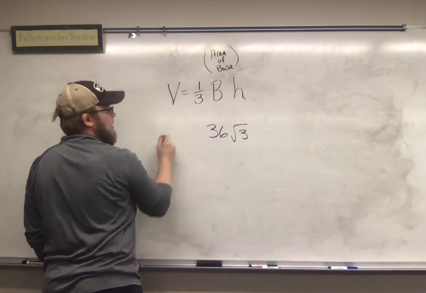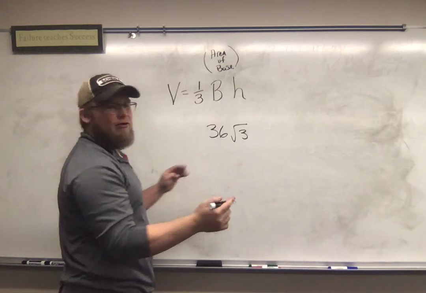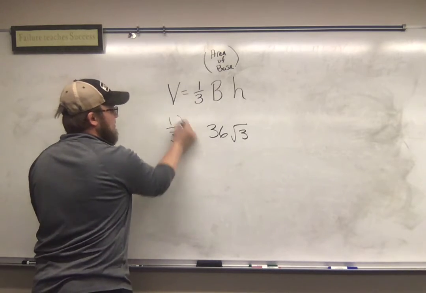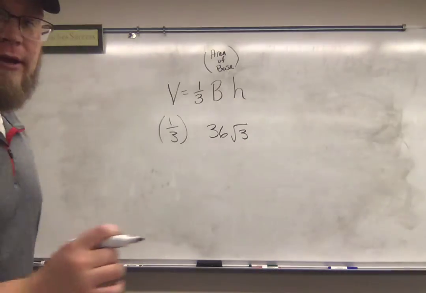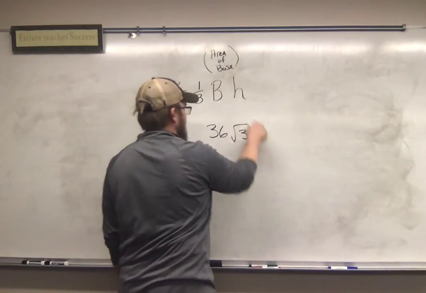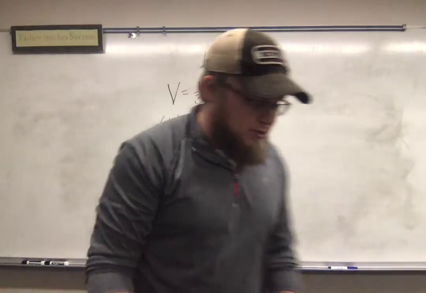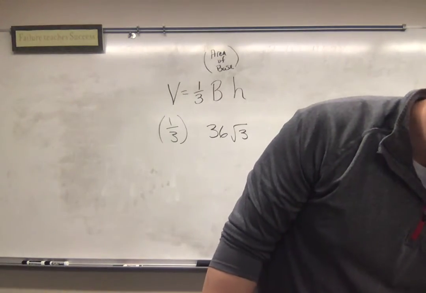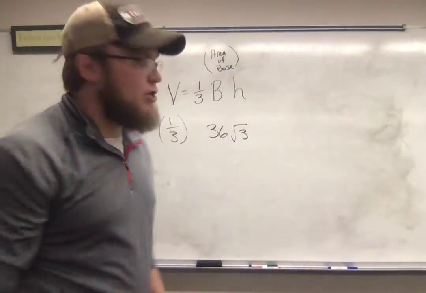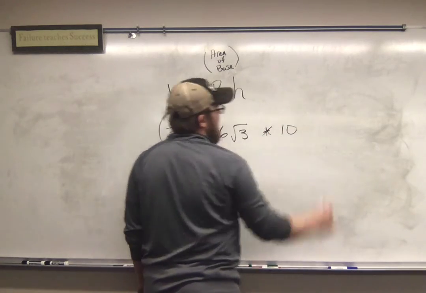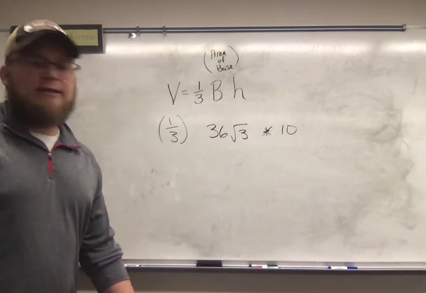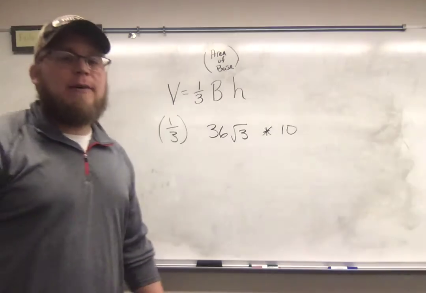1/3. I'm going to space it out so it looks a little easier to read. But we still know that we need to times all of these together. Okay? And the last one is the h, the height, which it said was 10 units. So now, this is going to be times 10. Now, you don't take the 10 times both of the numbers.